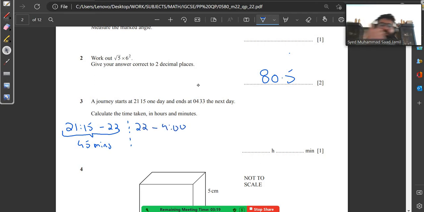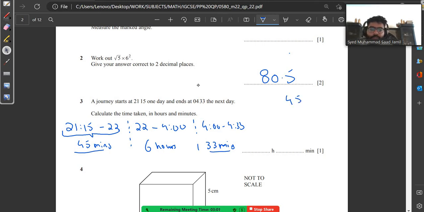So that's 23, 24, 1, 2, 3, 4. So that's like 6 hours. And then from 4:00 all the way till 4:33. So that's like 33 minutes. Now add the minutes together. 45 plus 33. That's like 78.